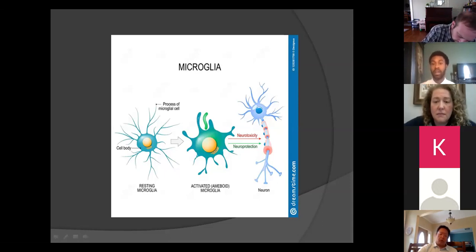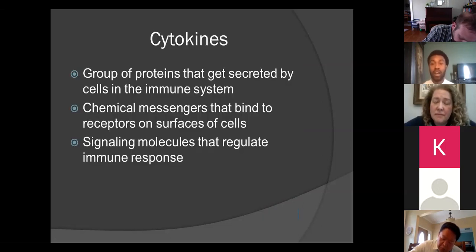Microglia signal receptors for the cytokines. Cytokines are a group of proteins secreted by the cells in the immune system. They are chemical messengers that bind to the surface of these cells, and they signal molecules that regulate the immune response.